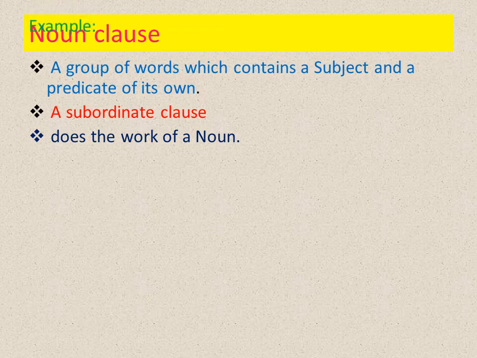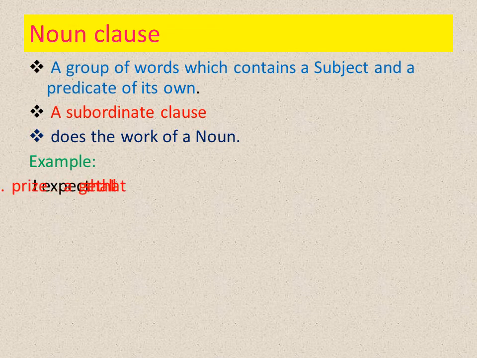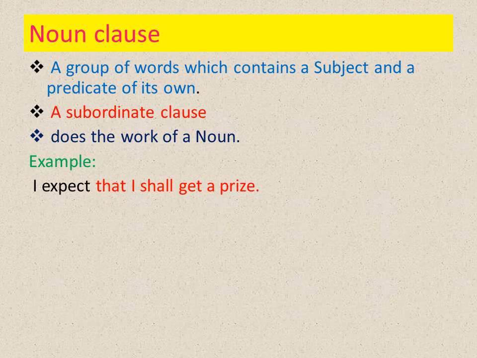Let us see an example. I expect that I shall get a prize. In this sentence, "that I shall get a prize" is a noun clause. It is the object of the verb expect.